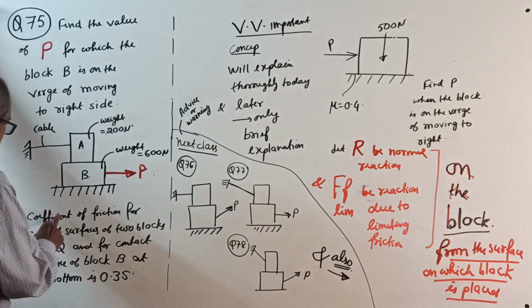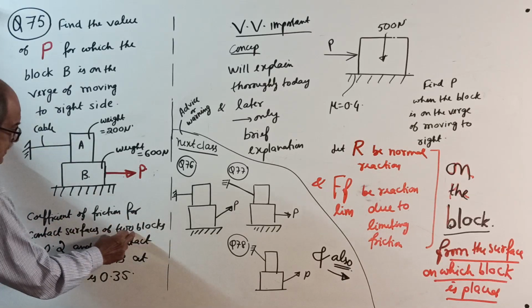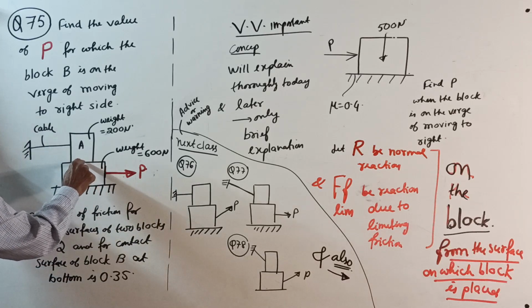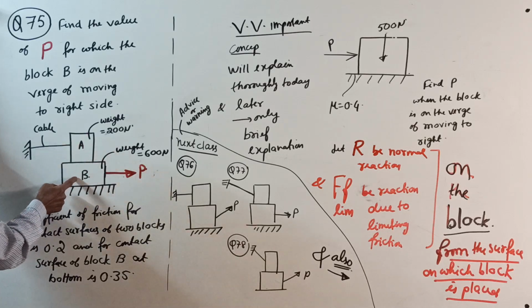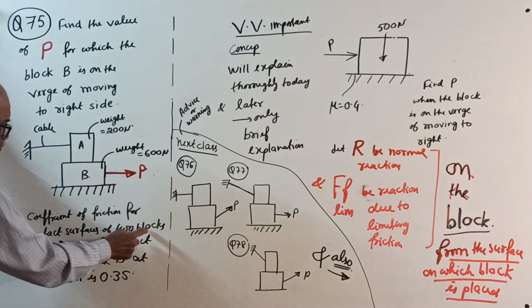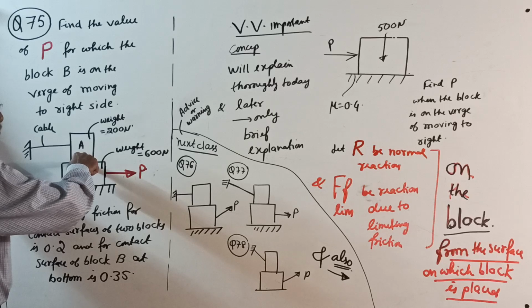Coefficient of friction for the contact surfaces of the two blocks. There is a contact surface here. This is a case of block A resting on block B. The coefficient for the contact surface of the two blocks, A and B, is 0.2.